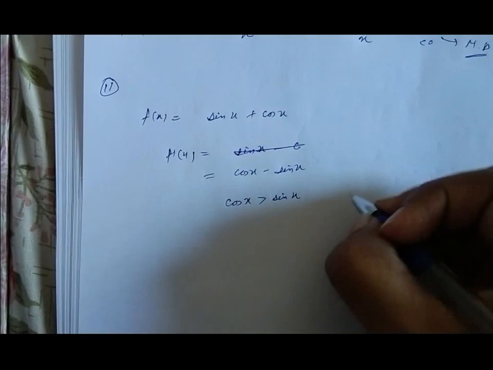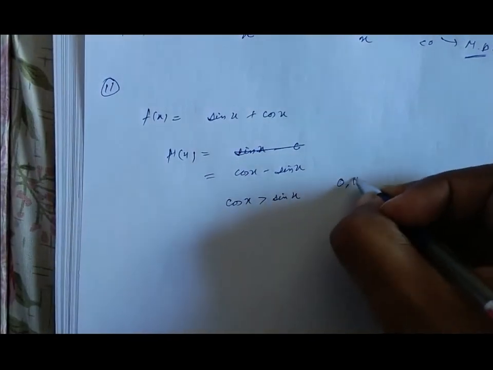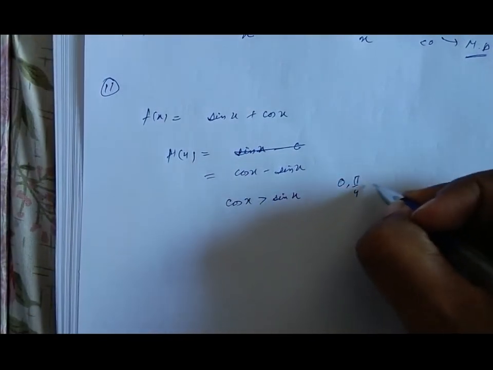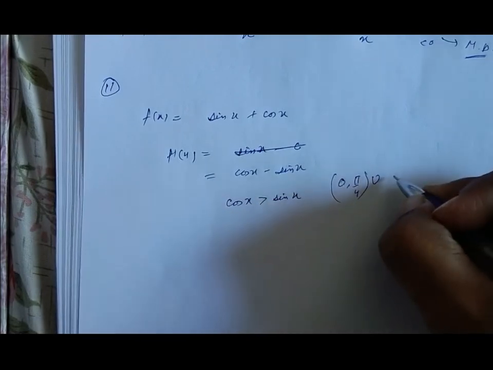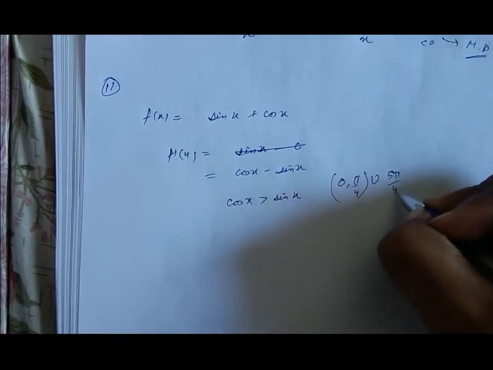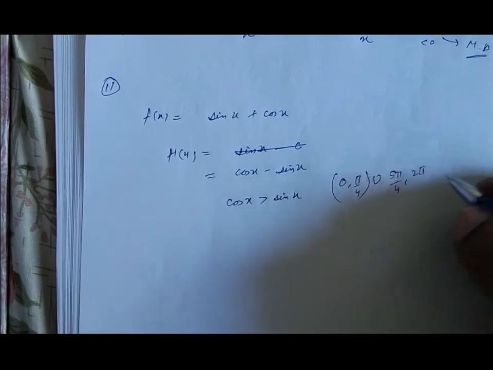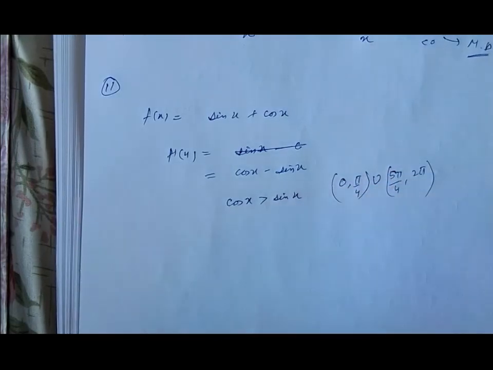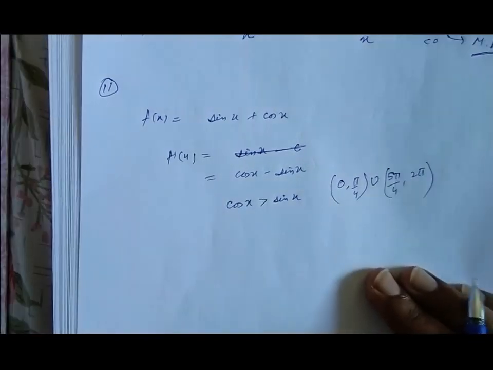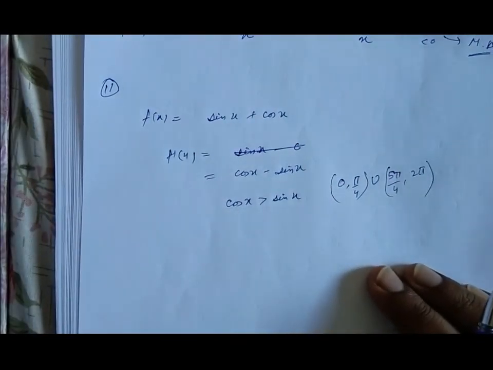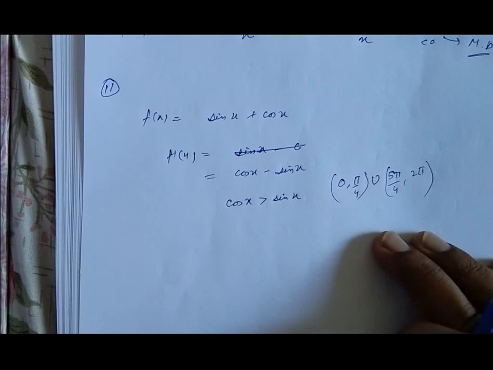That is in 0 to pi by 4 union 5 pi by 4 to 2 pi. So in this particular interval, fx will be increasing, else the function will decrease.